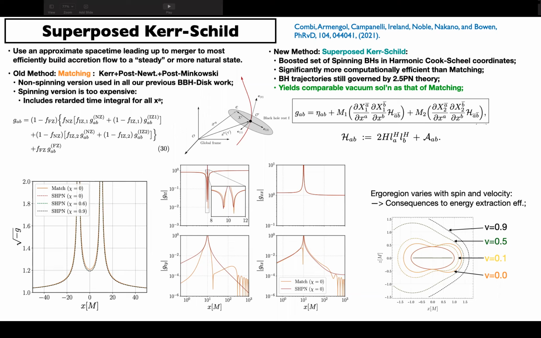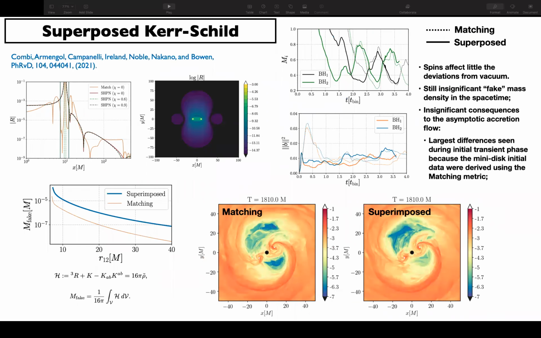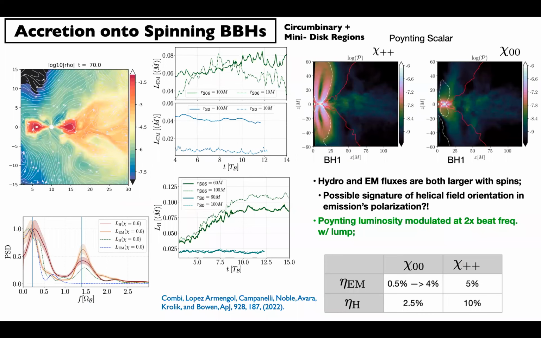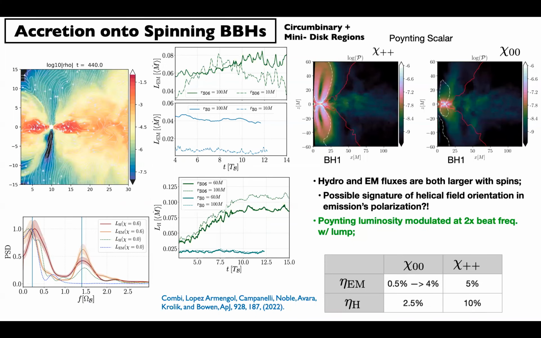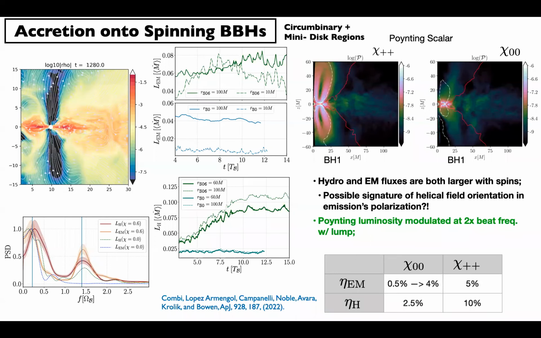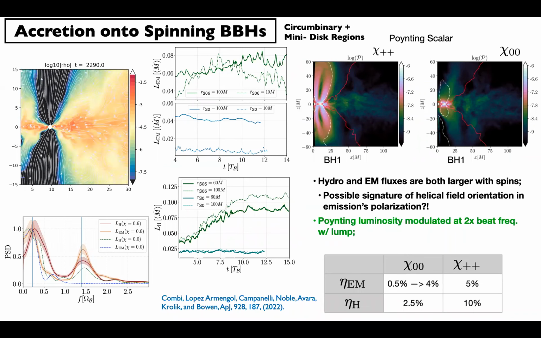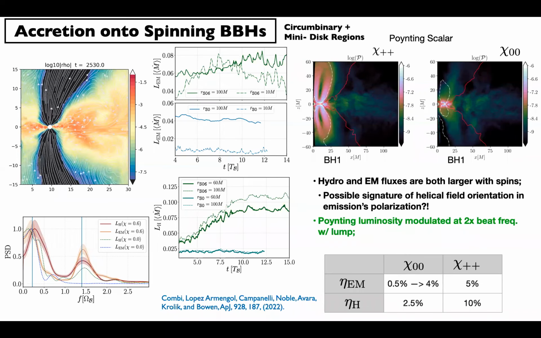And also the superposed Kerr-Schild system allows us to investigate spin. So for instance, Luciano compared matched versus superimposed, and we hardly saw any differences. So we started using it, and it allowed us to include spin and see how Poynting flux was generated from the black holes as they were accreted, and to study variability.